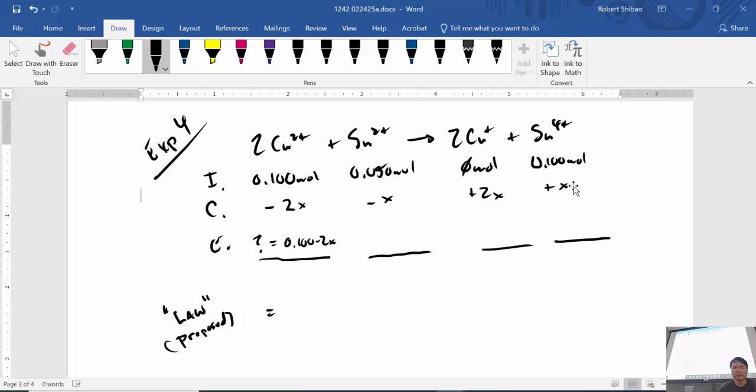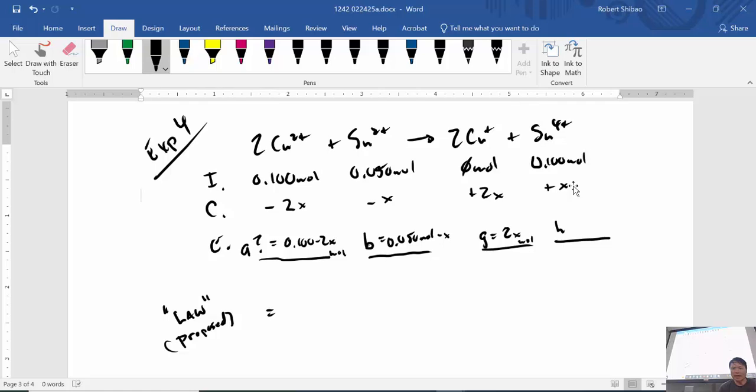My proposed law is that the amount of copper plus here is going to be different, so I'll call this A. And I'm going to call this B. B is going to equal 0.050 moles minus x. And I'm going to call this G, equal to 0 plus 2x, which is just 2x moles. The units here are moles.